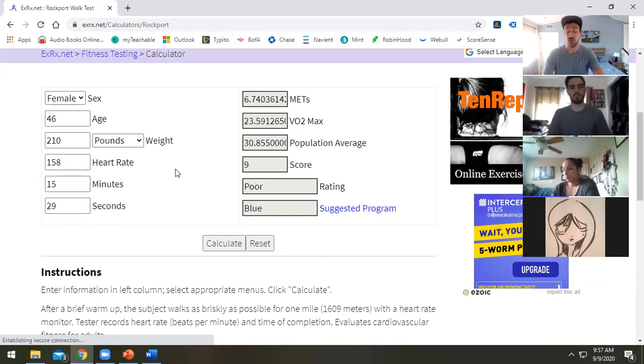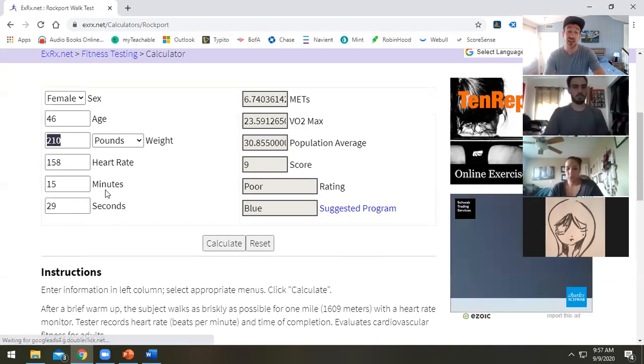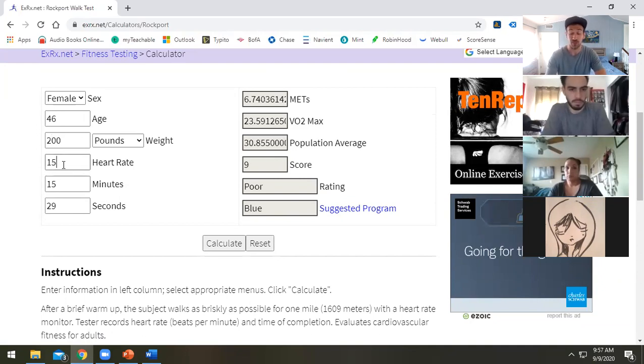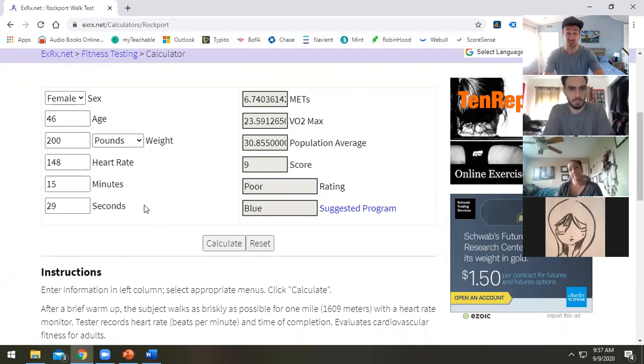Let's say you're training them for 6 weeks, then you do a reassessment. In those 6 weeks, they've lost 10 pounds, they're down to 200. Their heart rate improved a little bit, and instead of 158, it's down to 148. I know that seems like a really drastic drop, but in 6 weeks, that's one of the first things that adapts. And it doesn't take 15 minutes and 29 seconds anymore.